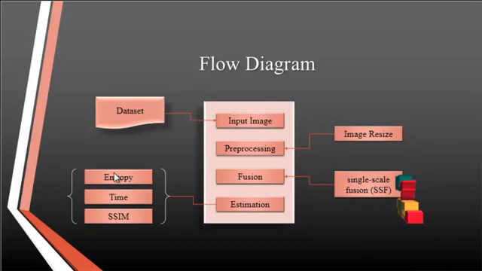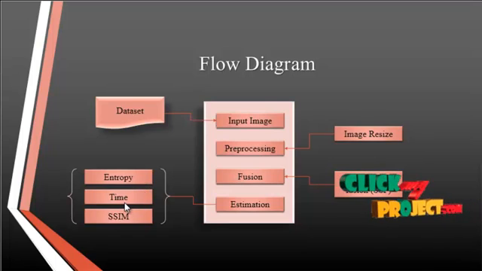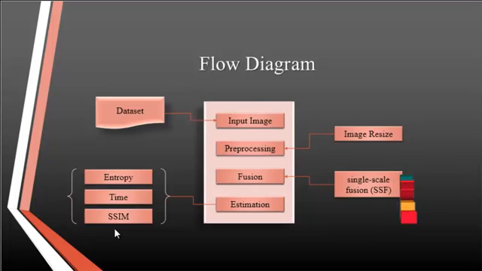The entropy is calculated to get the efficiency of the fusion, and the time of the process is estimated to get the fusion time. Then we calculate the SSIM parameter to estimate the structural similarity index measure between the input and the output.